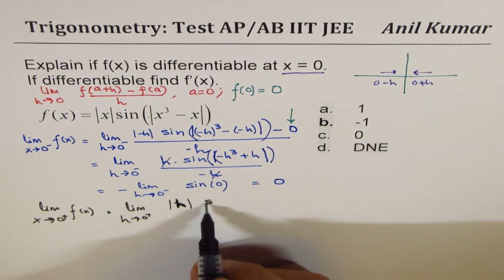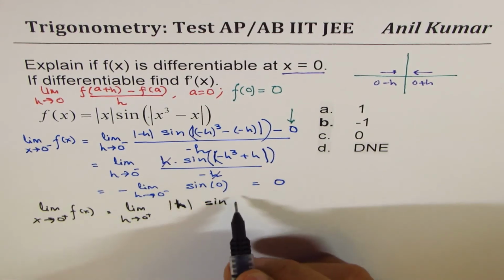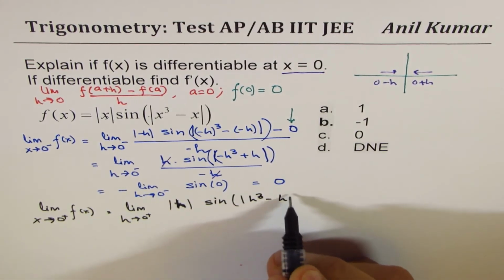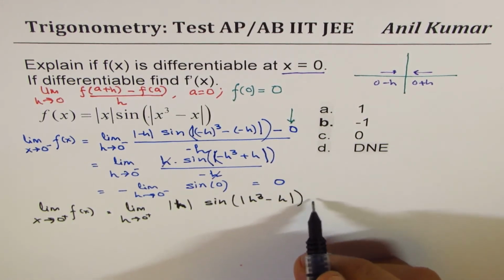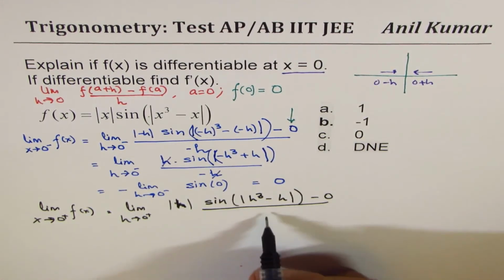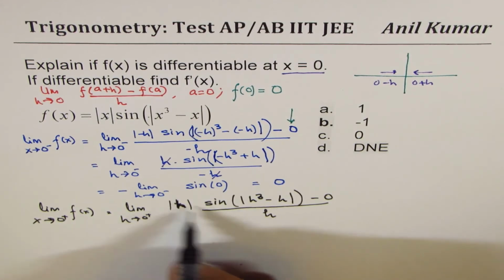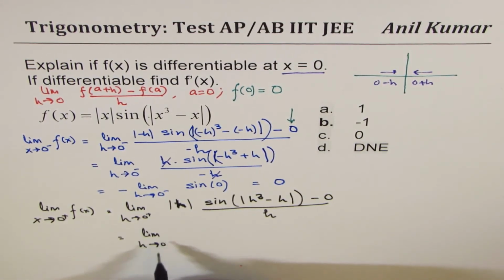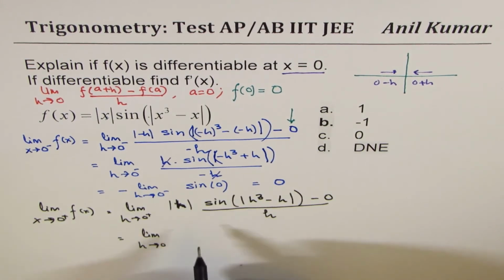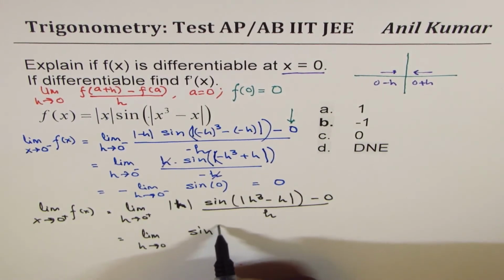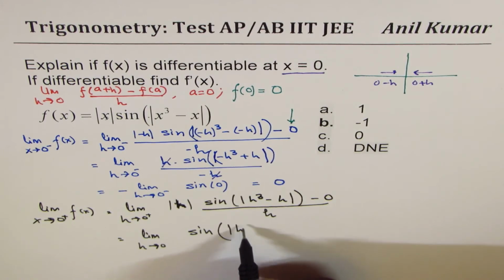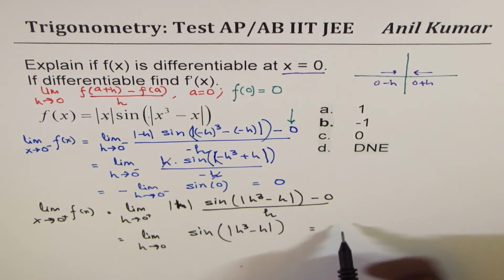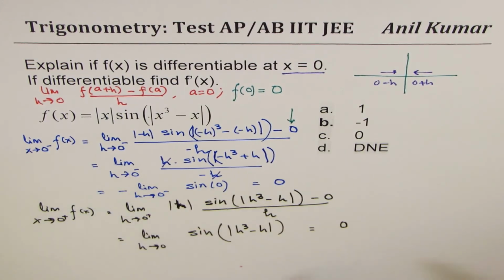Times sine of absolute value of h cube minus h absolute value, minus 0, over h. Now this cancels, so we get limit h approaches 0. This absolute value is also h, so we get sine of absolute value of h cube minus h, which is 0. So both the limits exist.